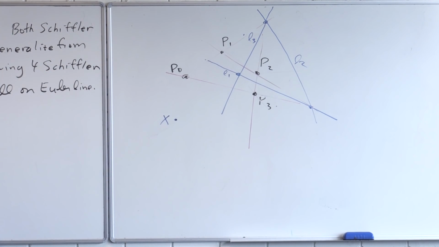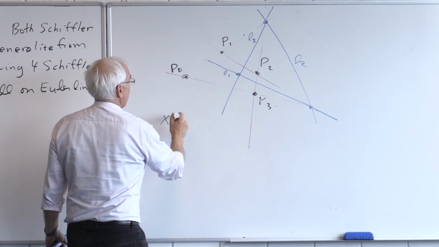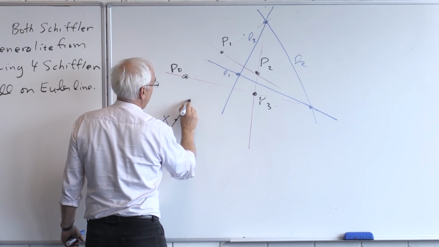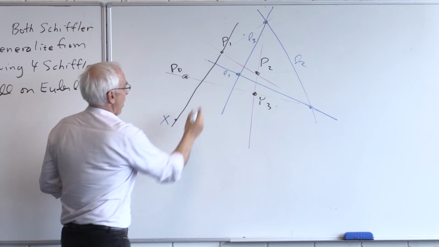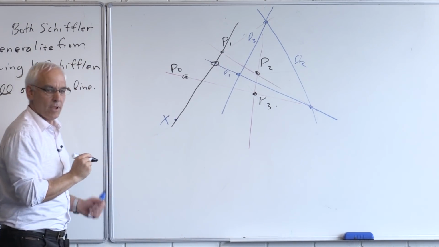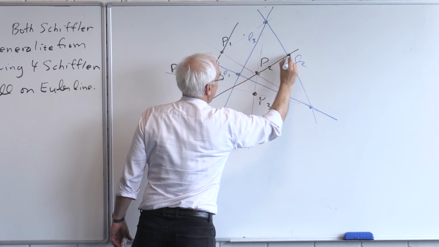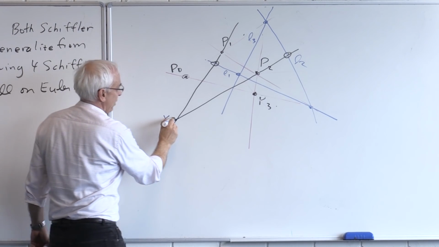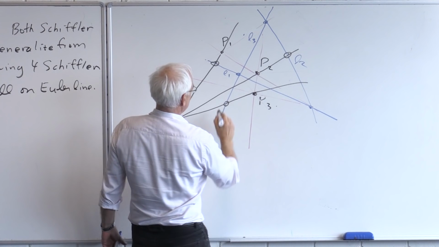Okay, so what's the construction? So we join X with P1 and see where it meets line L1. There. We join X with P2 and see where it meets line L2. And we join X with P3 and see where it meets line L3, I guess there.